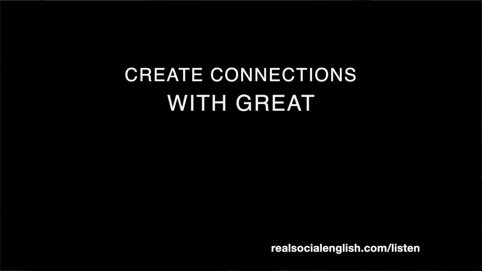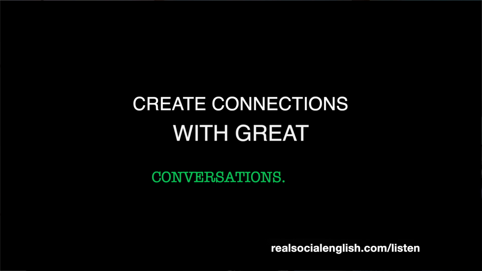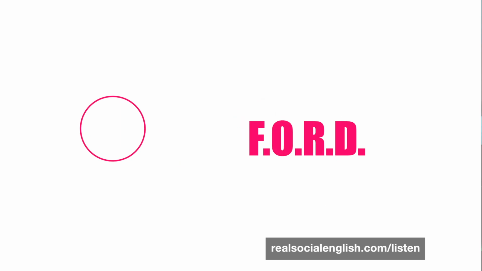So, what do you do now? Now, how do you create connections and great conversations with people? Well, you do that by using what I'm going to teach you today, which is the Ford method.